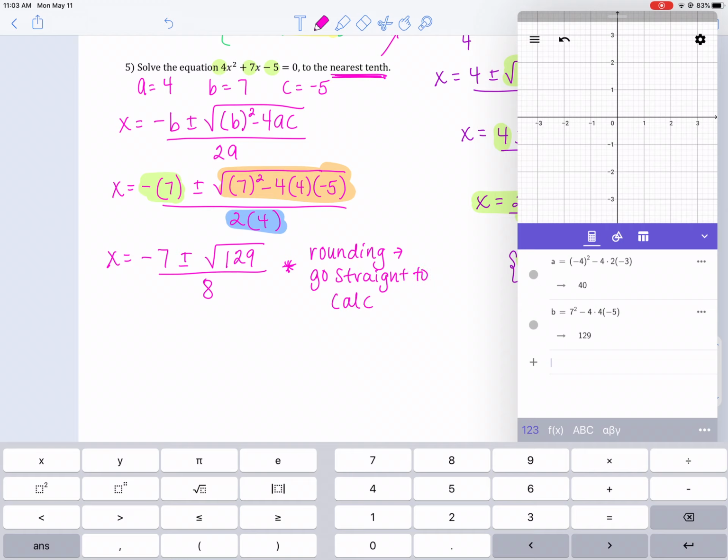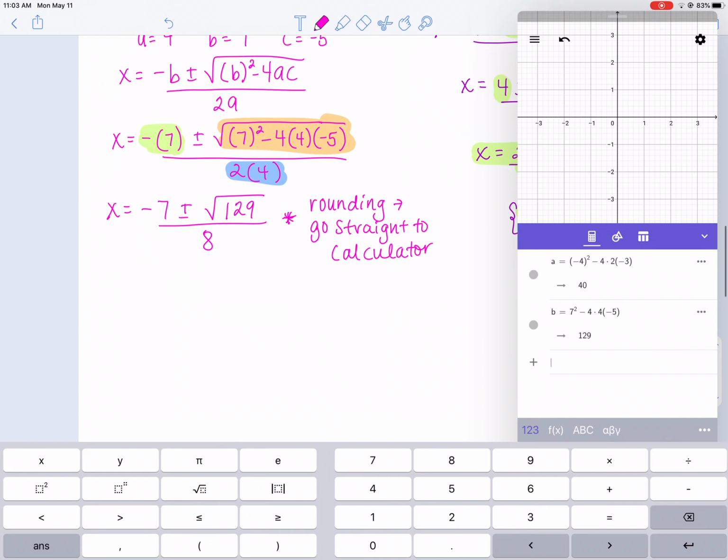Now here's the deal. You have to break it into 2 solutions. In other words, x equals -7 plus radical 129 over 8, and x equals -7 minus radical 129 over 8.